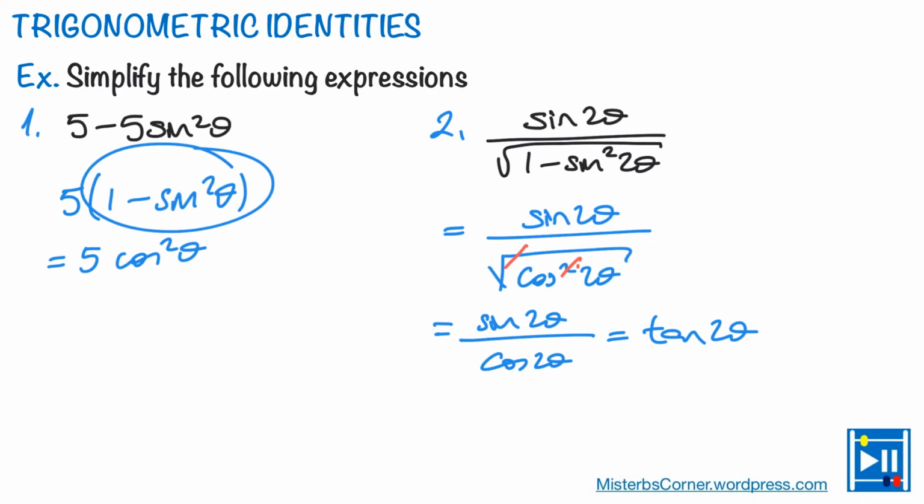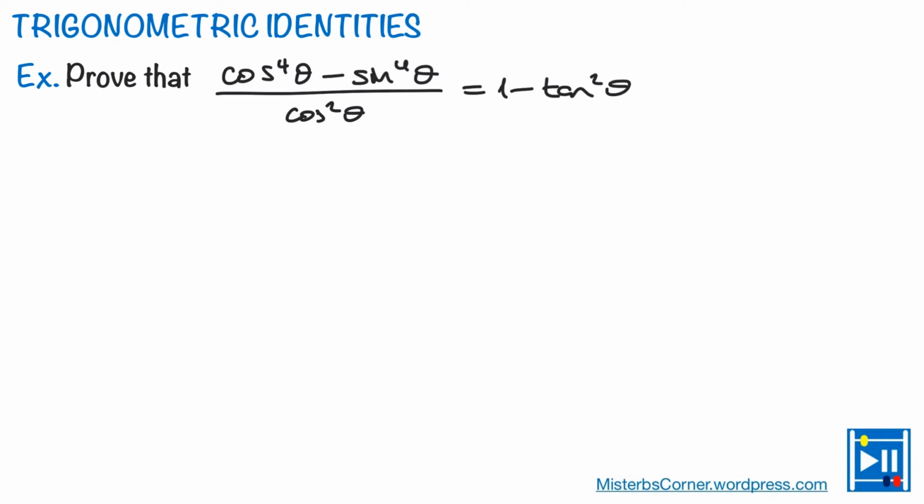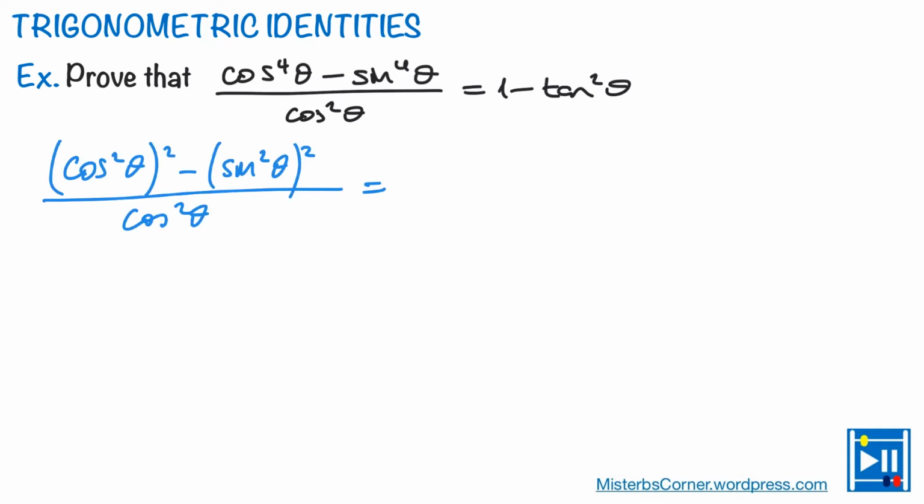Another example. Now, this is a proof question, and cosine to the power of 4 theta minus sine to the power of 4 theta must ring a bell. You have to use all of your algebraic skills. For example, you have to figure out that this is actually a difference of squares at the top, and then factorize accordingly.